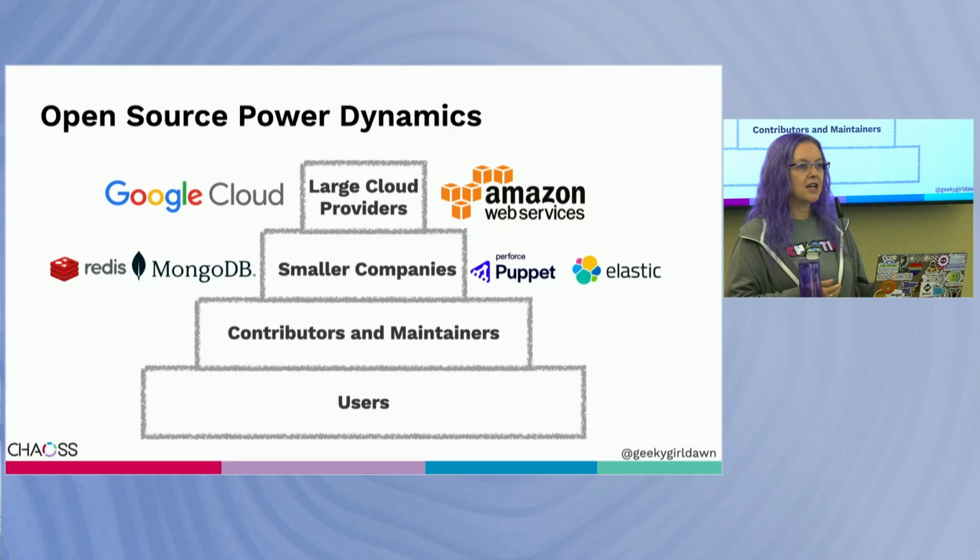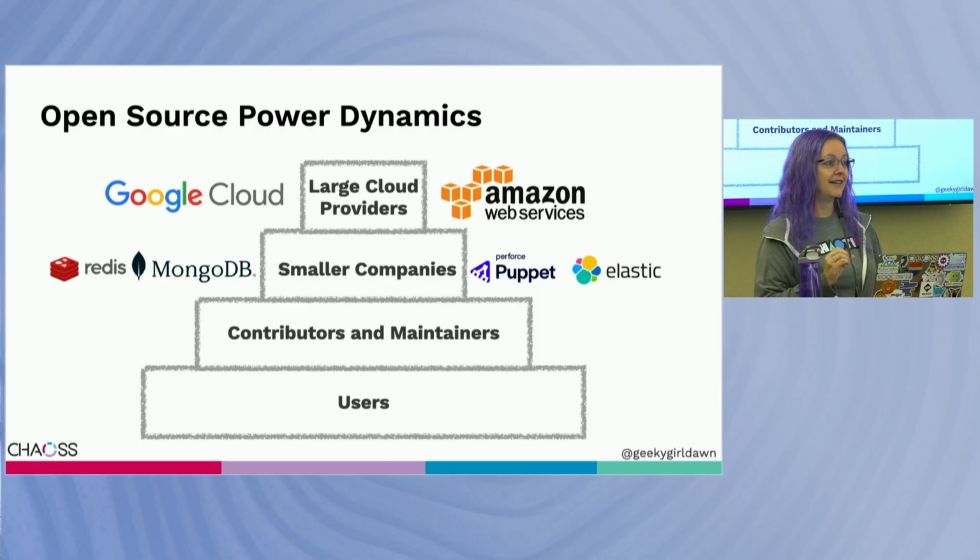Within open source projects, those with the least amount of power can then fork the project to, again, flip the power dynamics. But this is a lot of work to fork a project, especially a large project, and it may or may not be successful.